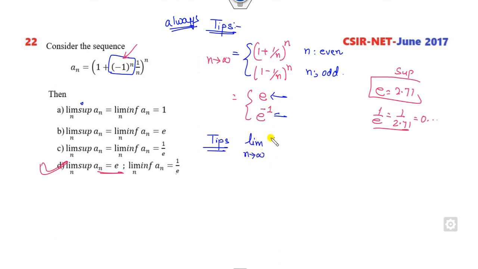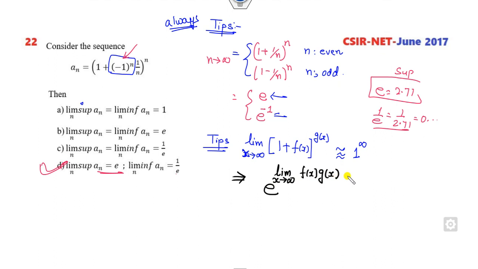Remember, whenever the limit is of this form, say f(x) raised to g(x), if you substitute the value as x approaches infinity, if it's of this form 1 raised to power infinity, then the shortcut tip for you, you can find the limit directly as e raised to the limit as x approaches infinity of f(x) minus 1 times g(x). That's a simple tip for you.